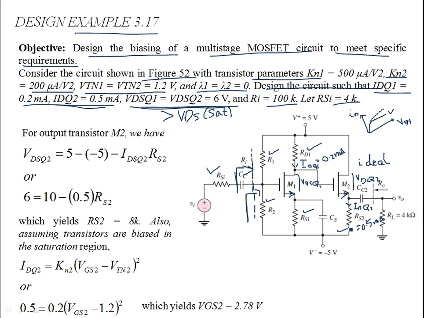So you need to determine those resistances which bias the transistors such that, for the given current, you find VGS1, for example, and then VGS2, using the IV relationship for the current and voltages in the saturation region.